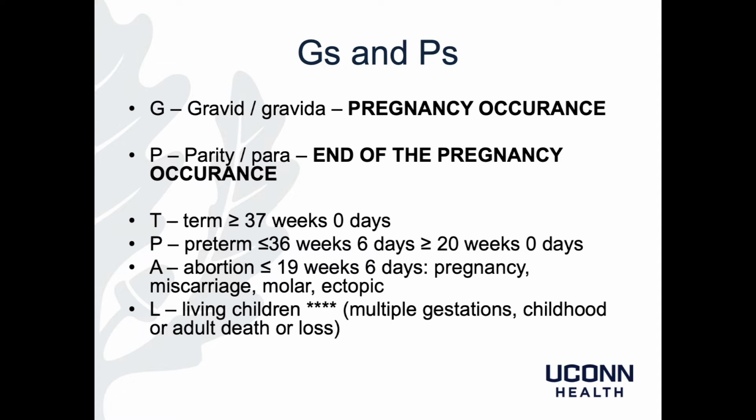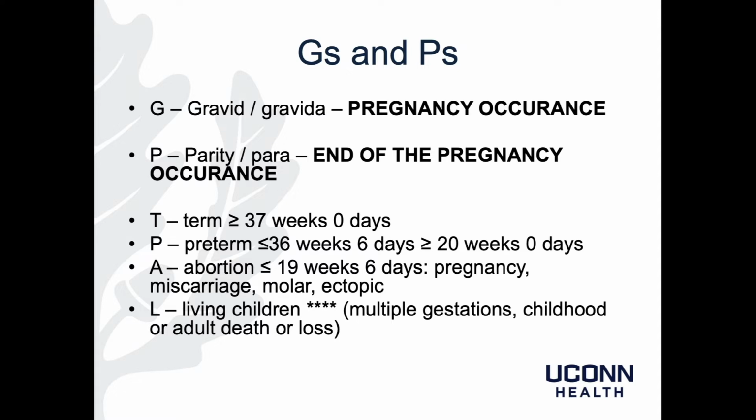L stands for living children. This usually can be simple if there are term deliveries and all the babies are healthy and growing up and alive. But it's important to keep in mind that in multiple gestations, you may have 2 living children for a twin pregnancy, 3 for triplets. But sometimes one of those babies won't survive, and so the living won't always add up.